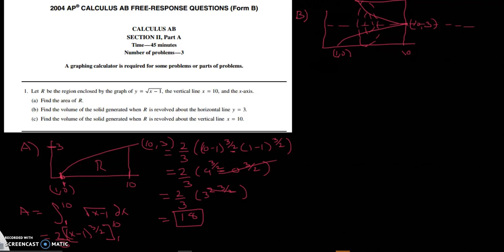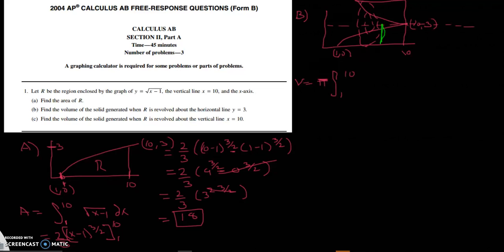That makes the washer shape. So the volume is going to equal pi times the integral from 1 to 10. Now let's change color so we can look at our radii. Your outer radius is going to be this, and how big is that?